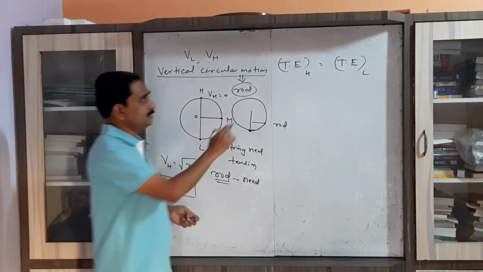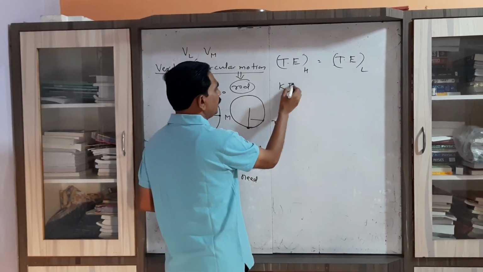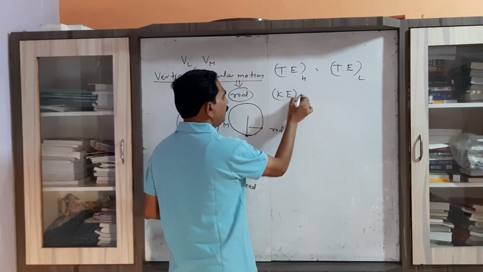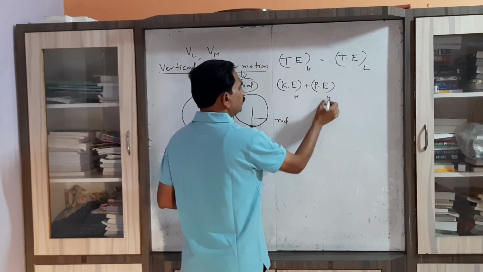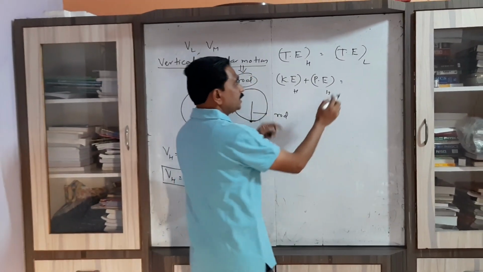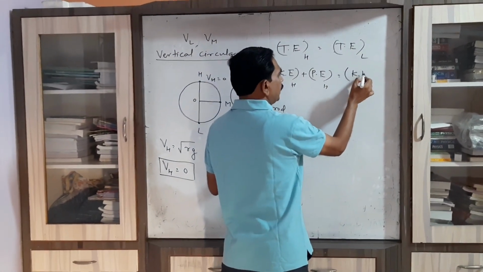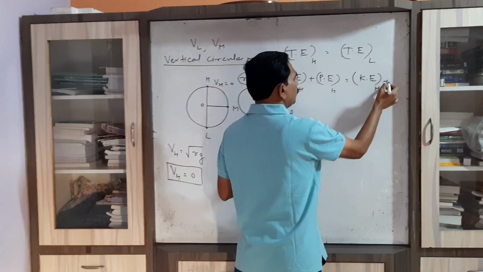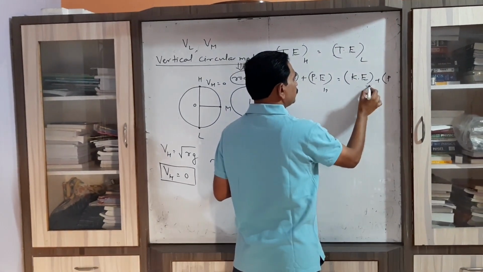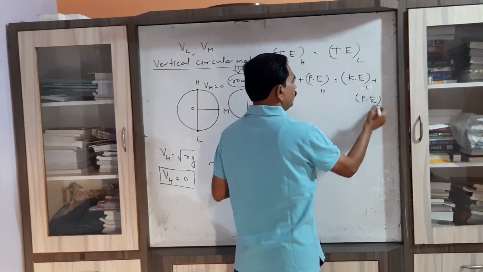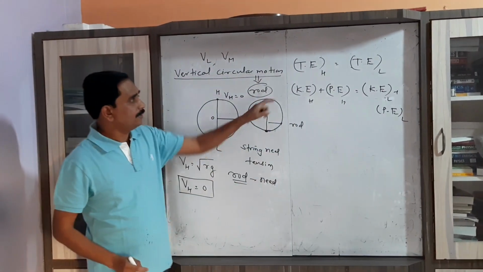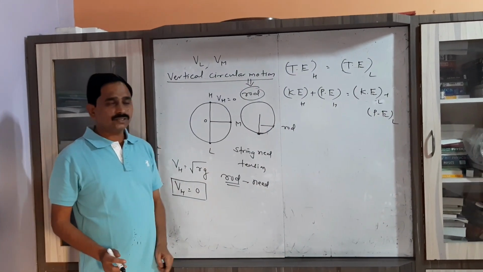So total energy is the sum of kinetic energy and potential energy. Here also we have to consider the same thing, that is kinetic energy and potential energy. Now you have to put the values of kinetic energy and potential energy.